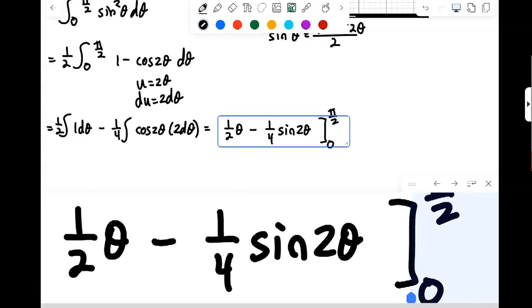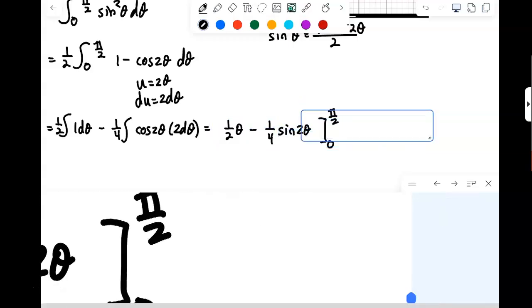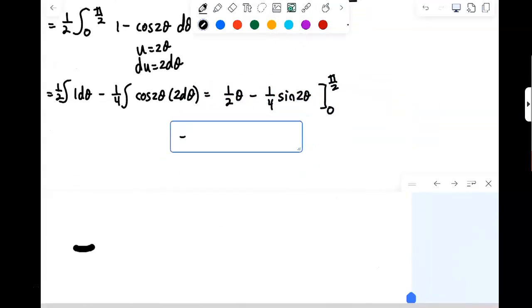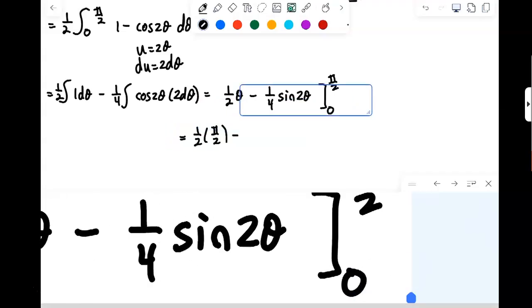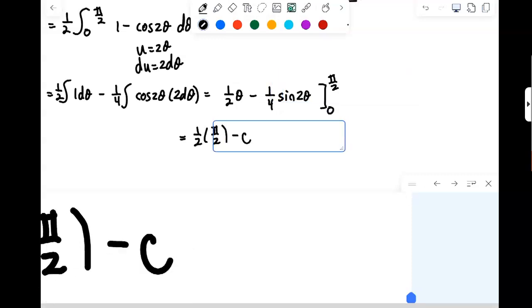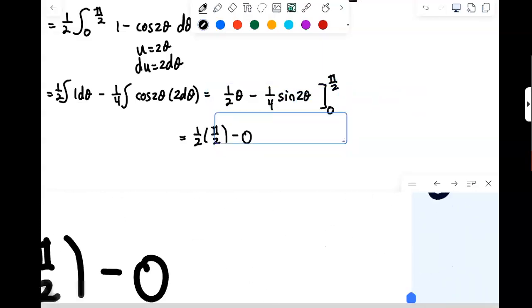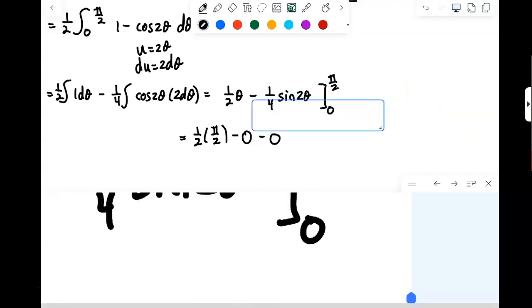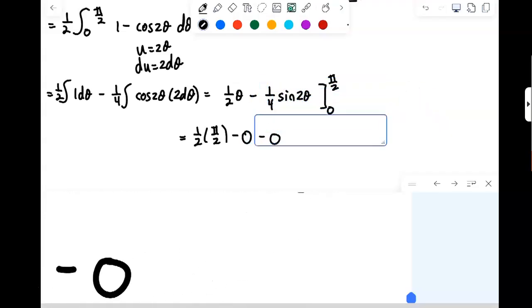We need to evaluate 1/2 theta minus 1/4 sine of 2 theta between 0 and pi over 2. We plug in pi over 2. That's 1/2 times pi over 2, and then minus 1/4 of sine of twice that angle. Sine of pi is 0, so it's minus 0. Then we plug 0 in. 1/2 of 0 is 0, and 1/4 sine of twice 0 is still just sine of 0.